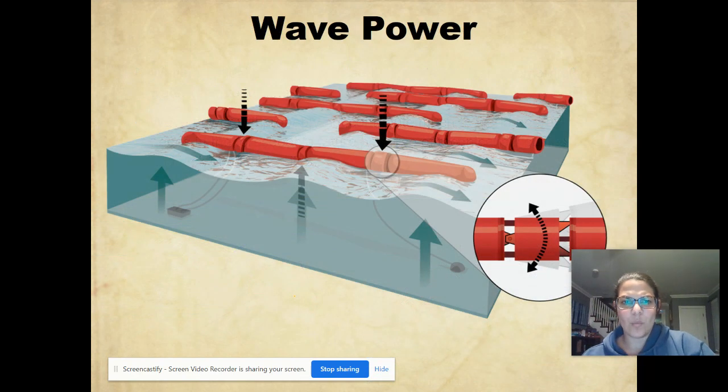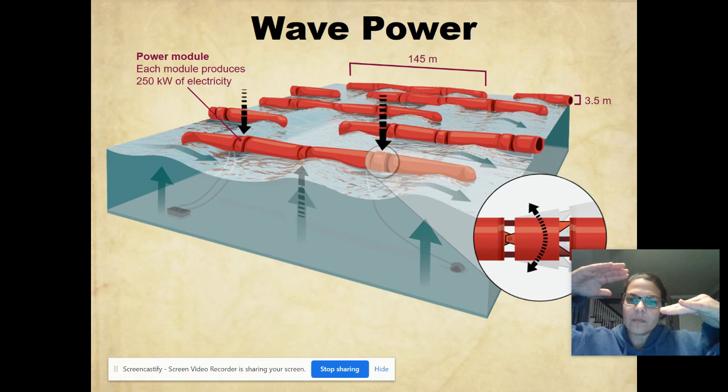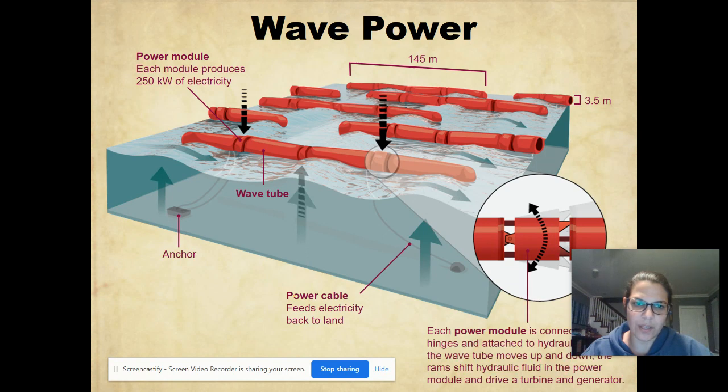As they go up and down, here, let me show you a wave tube, and it has to do with the displacement of the two tubes.